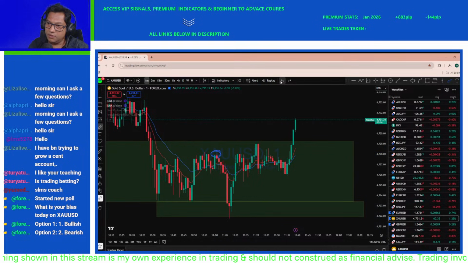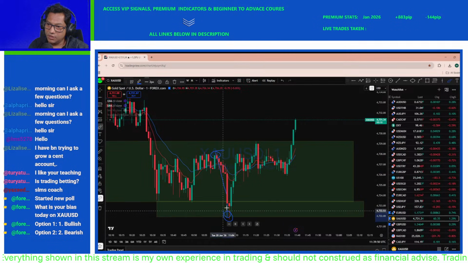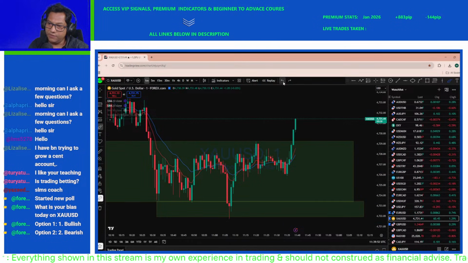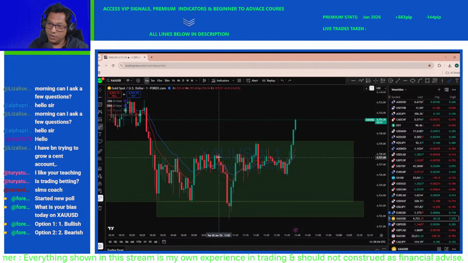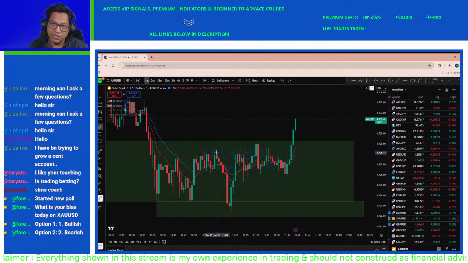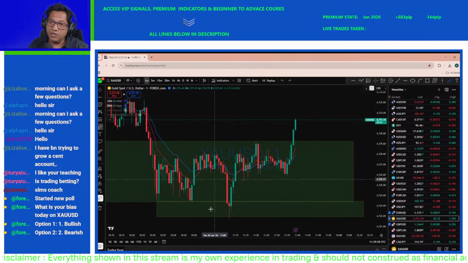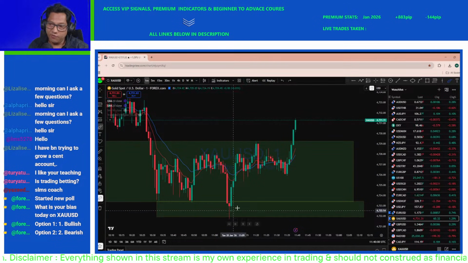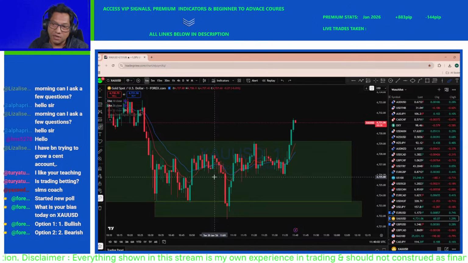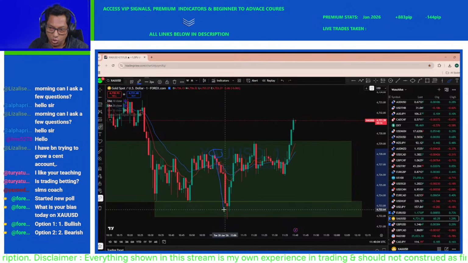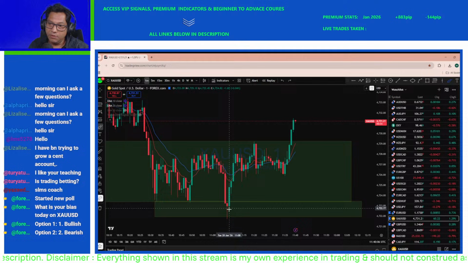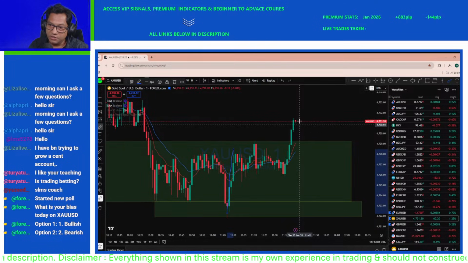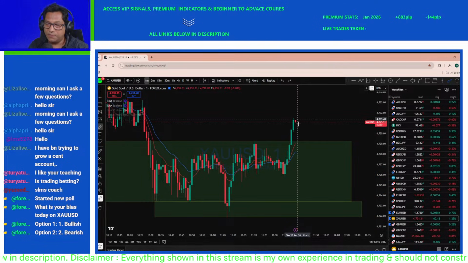If you look from this level to this level, the market has significantly broken back below. And if you look closely, you see there is no green candle formation along the way. It's one single move from this high to the low, and then immediately the market returned back to the upside.